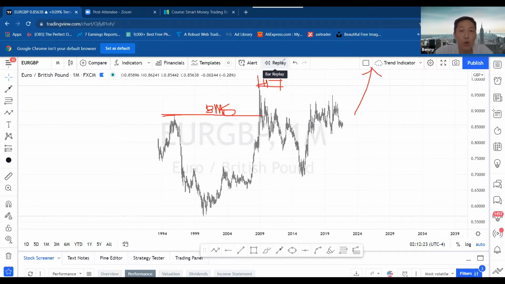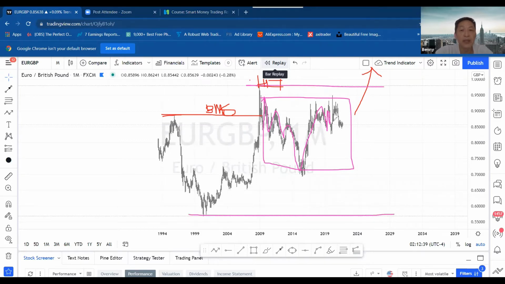But for whatever price action over here, this belongs to a lower time frame trend. But this is the overall trend because this is the high, this is the low. Now, we will only say that this time frame is in a downtrend when the validated low is taken out. It means that in future, if we see the price start moving lower and take out this validated low, then we say that this is the downtrend.